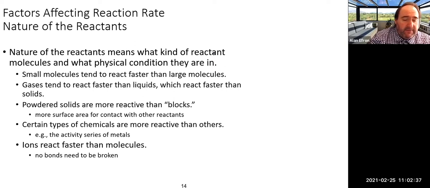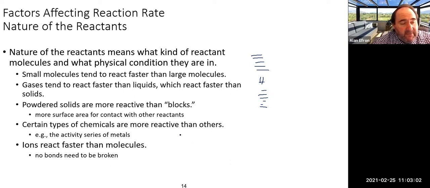There are certain chemicals that are more reactive than others. Perhaps you remember the activity series of metals. You probably talked about that with single replacement reactions, like that list of elements. And again, as we talked about the other day, hydrogen is somewhere in the middle there. Some metals are more reactive than others. Things higher on the list are more reactive than things lower on the list, and so forth.